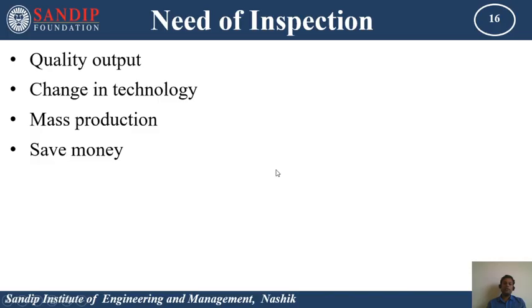Then save money. We know there is one slogan: do the right thing at the right time. Inspection, if done at the right time and at the right place, can reduce defects. Suppose we manufacture a component and it is delivered to the customers, and then we find some errors.